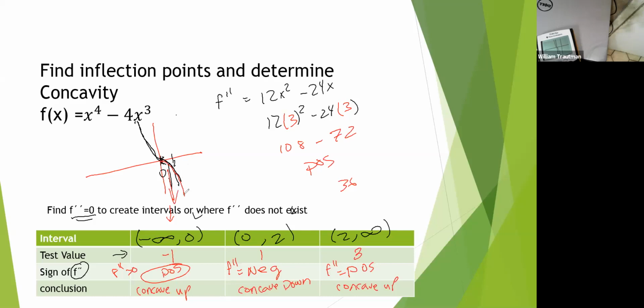And then at some point, the graph at 2, it turns around. There's an inflection point at 2. Do you see how this part is concave down and then this part is concave up? Concave up, concave down, and then concave up. So that's what we're doing here, looking at the different inflection points and then determining the concavity within those intervals.